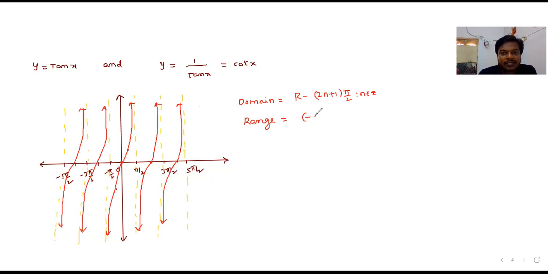Range is from minus infinity to infinity, or the set of real values. Why? Because it is a strictly increasing graph on its domain.